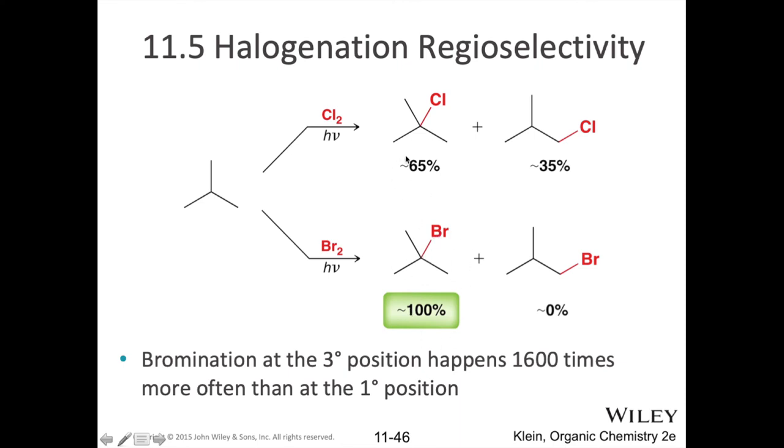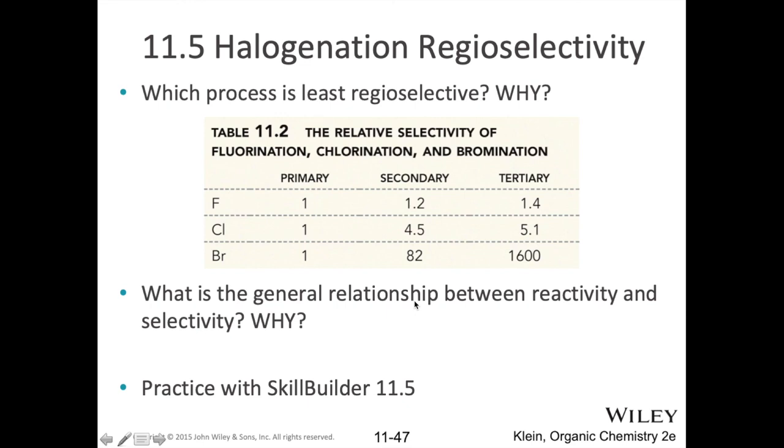Whereas with chlorination we'd only get a little over about 2/3 of our product being the product we want, as opposed to 100%. So that's why, generally speaking, bromination is better for selectivity.